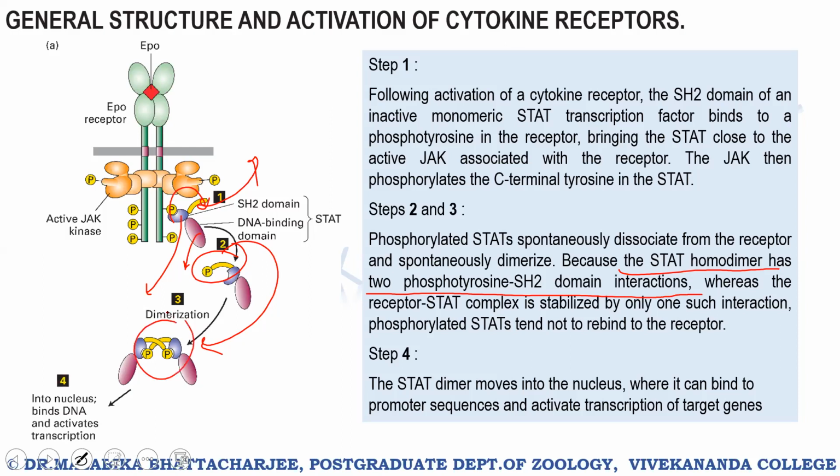So they dimerize, and the STAT complex is stabilized. Once the STATs have been phosphorylated and dimerized, they no longer associate with the receptor. They move down into the nucleus.